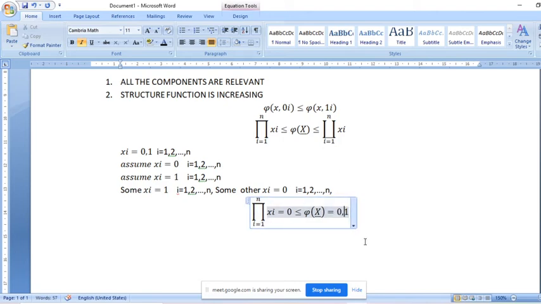Two possibilities are there in this case. So we can ensure that this less than or equal to inequality holds.